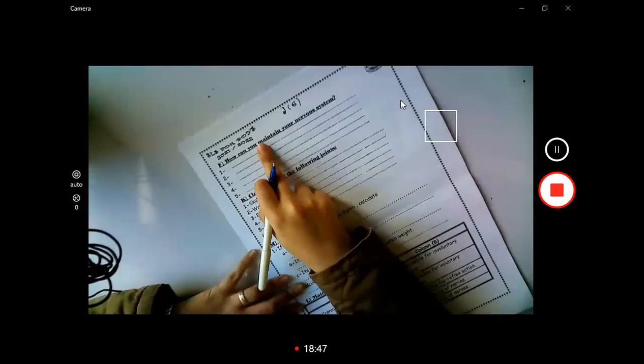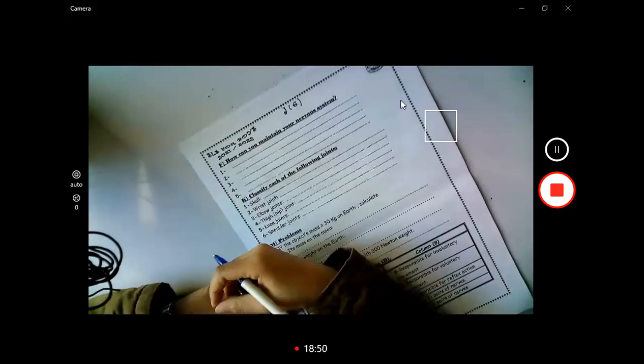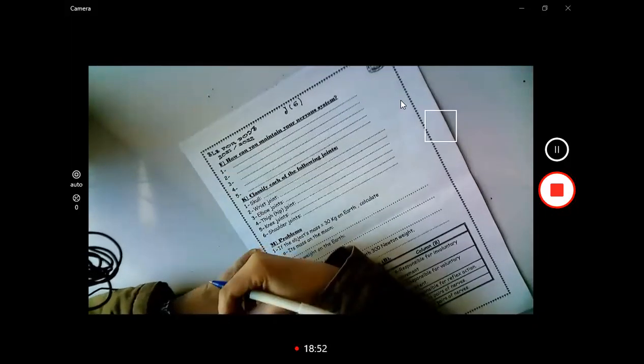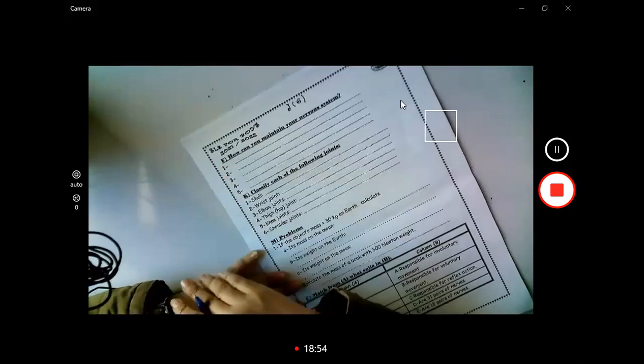How can you maintain your nervous system? How can we keep our nervous system healthy? We have 5. خلاص.